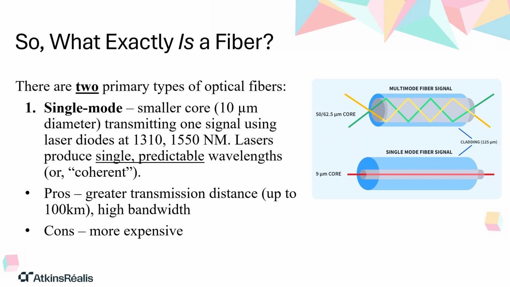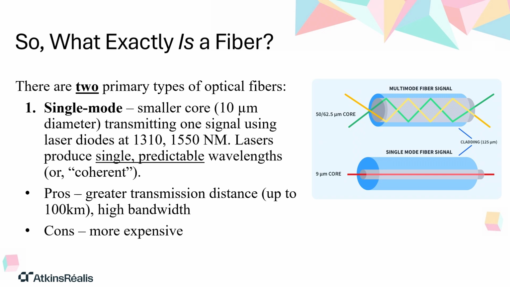It's really important to understand that there are 2 types of fiber optics: single mode and multi-mode. Within the realm of intelligent transportation systems, we use predominantly single mode communications, which includes a smaller core, around 10 micrometers, transmitting a single signal using laser diodes.